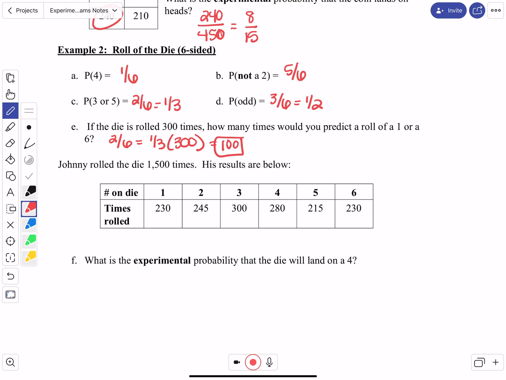Now let's do experimental. So Johnny rolled the die 1,500 times, so that's your actual experiment. His results are below. What's the experimental probability that the die will land on a 4? So that is 280 out of 1,500 times, and that reduces to 14 over 75.